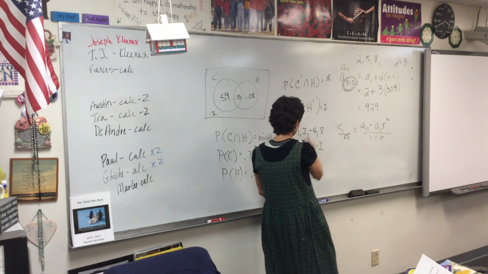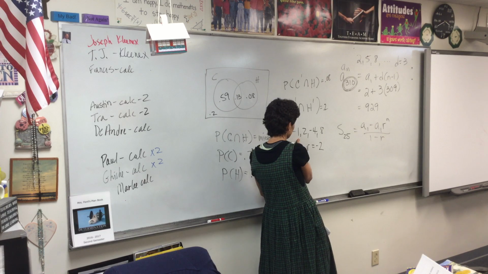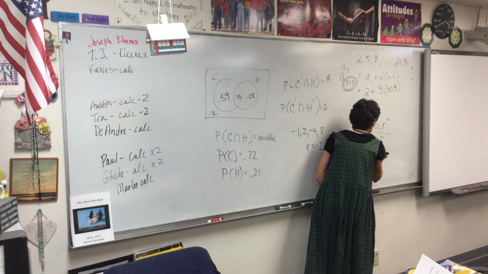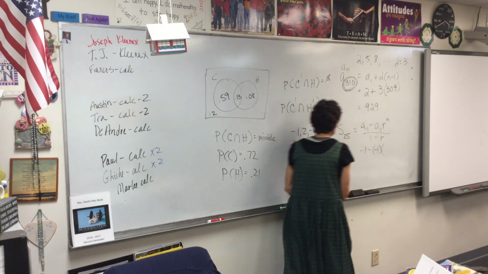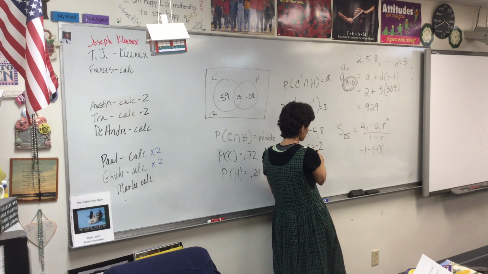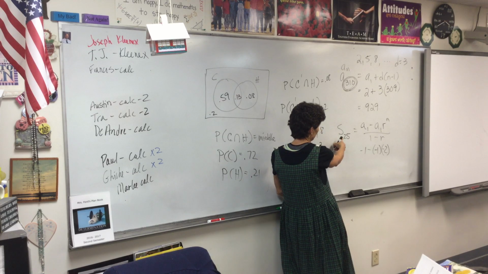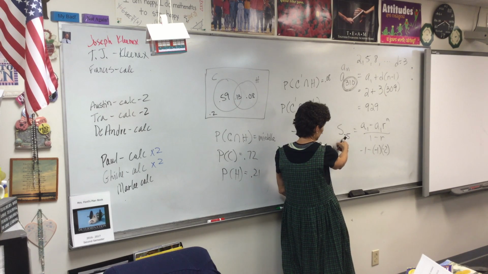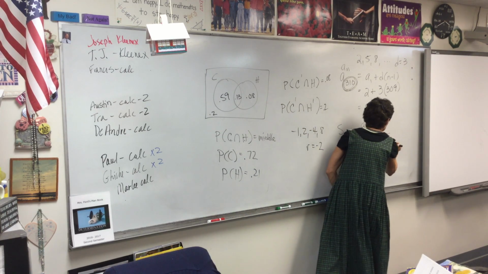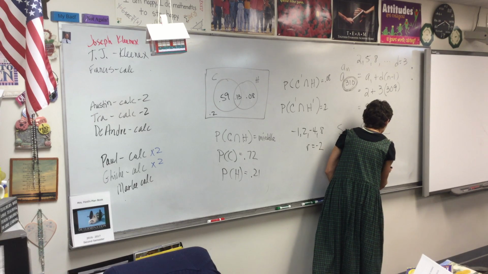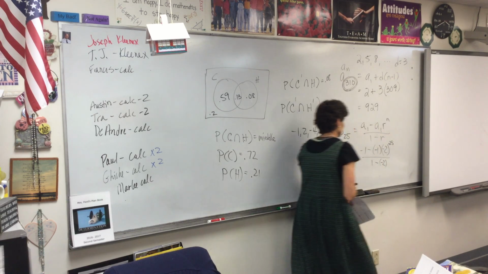So A sub 1 is -1. There's another -1. You told me my ratio was -2. What's the n this time? 25 over 1 minus the ratio.